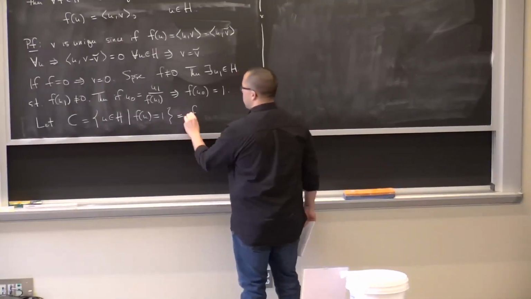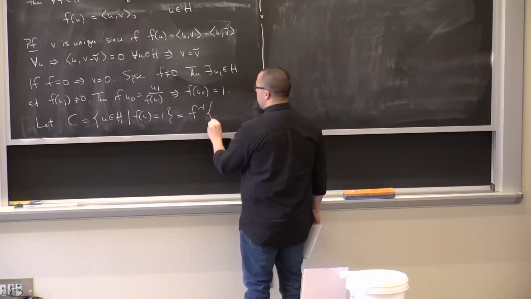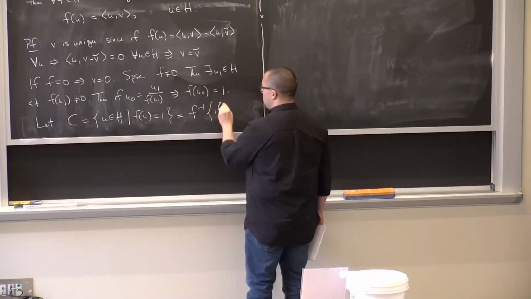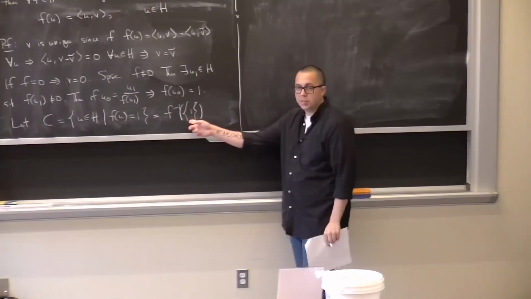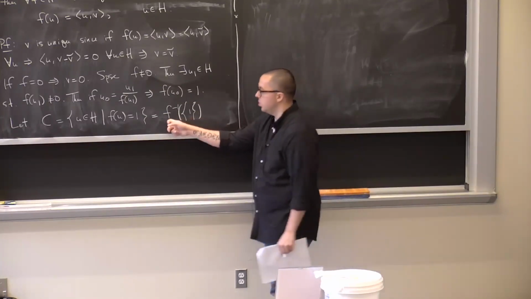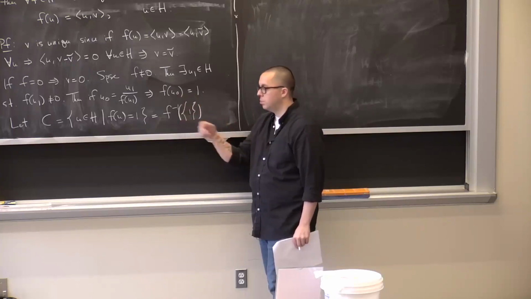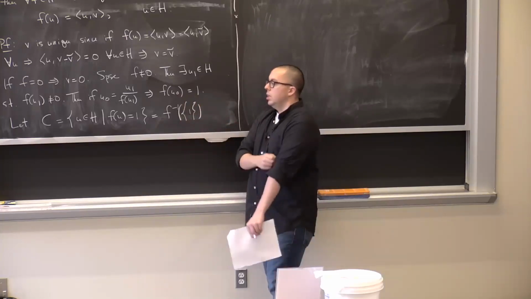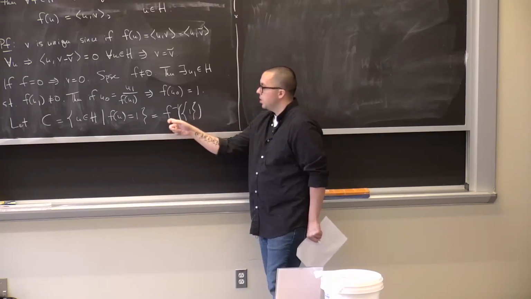And what is this? Actually, this is the inverse image of the singleton {1} in the set of complex numbers. Now, a singleton is a closed set. f is a continuous function, right? An element of the dual is a bounded linear map from the Hilbert space to the complex numbers, and therefore it's continuous.